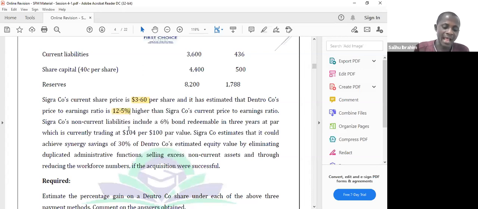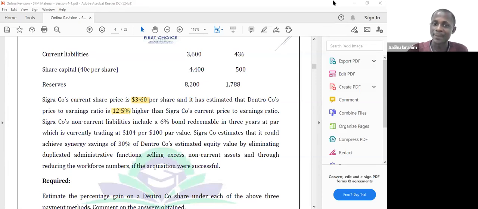Therefore, it means that I will multiply 0.45 by 1.125. That is 112.5%. So times 1.125, we have 0.51 approximately. Now, price earnings ratio is in number of times, not in monetary value.